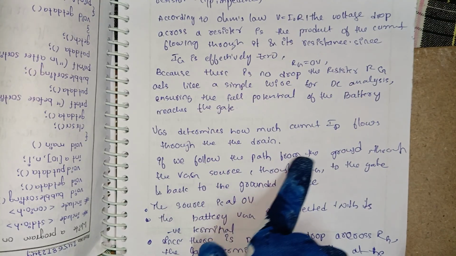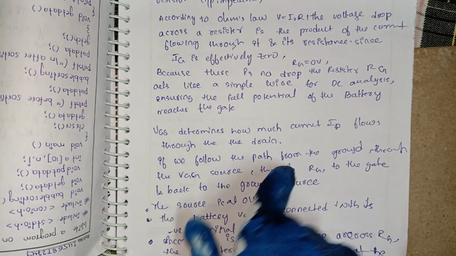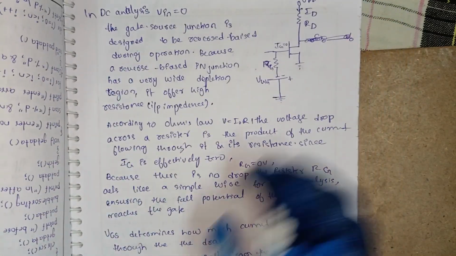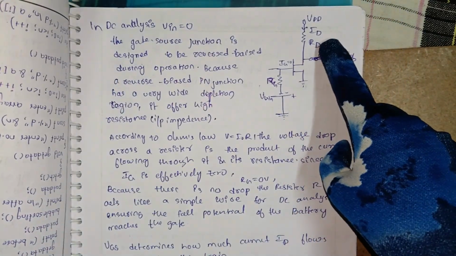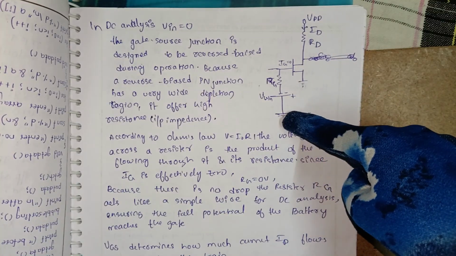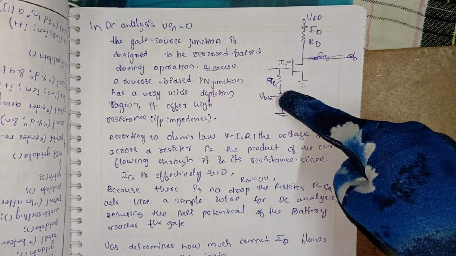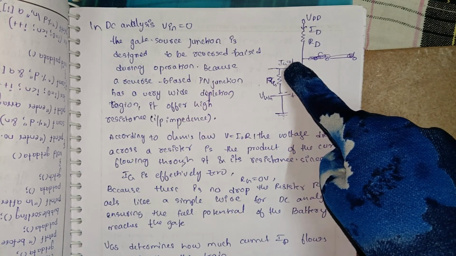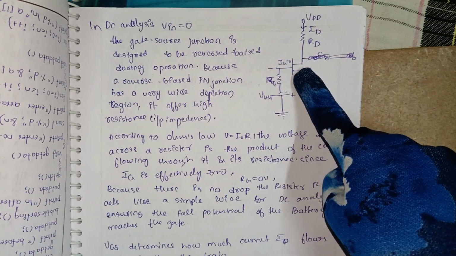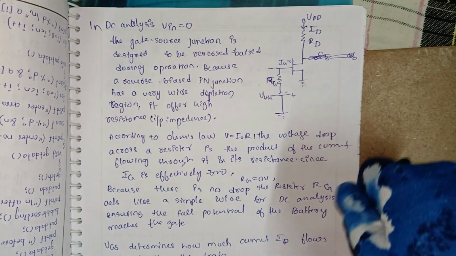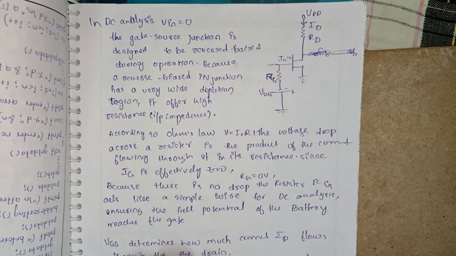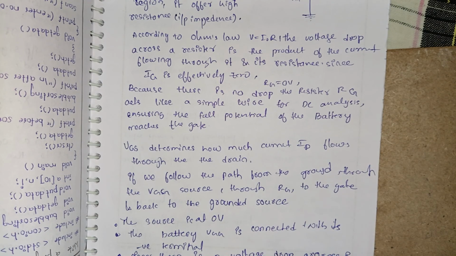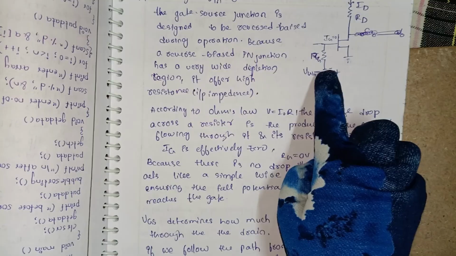If we follow the path from the ground through the VGG source, through RG to the gate and back to the grounded source: the source is at 0 volt, and the battery VGG is connected with its negative terminal as we can see here.